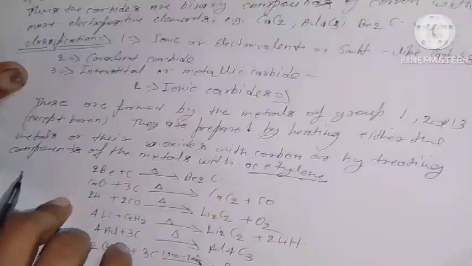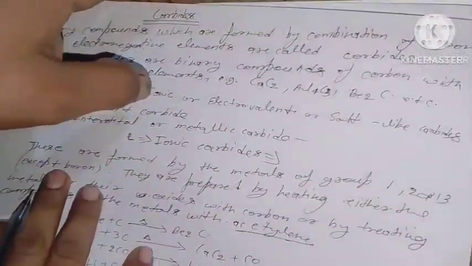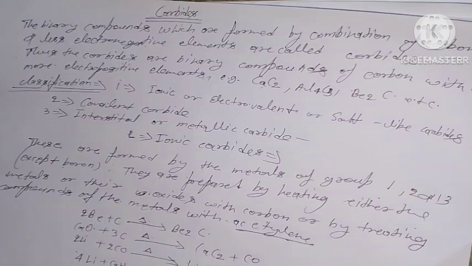What is carbide? The binary compounds formed by combination of carbon and less electronegative elements are called carbides. Thus, the carbides are binary compounds of carbon with more electropositive elements: calcium carbide, aluminum carbide Al4C3, and beryllium carbide Be2C. Classification: first, ionic or electrovalent or salt-like carbides; second, covalent carbides; third, interstitial or metallic carbides.